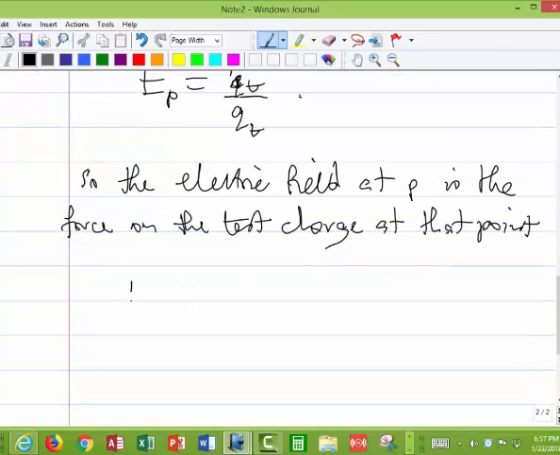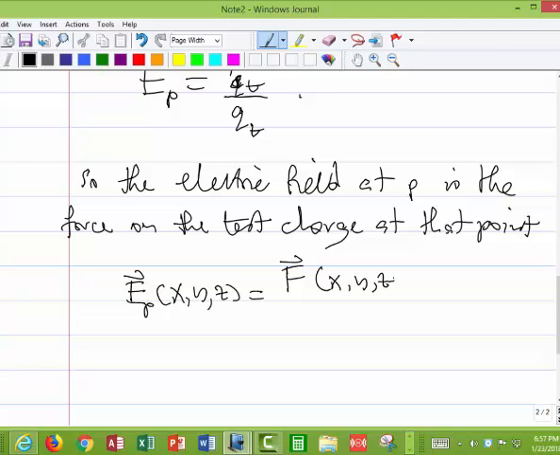So in 3 dimensions, the electric field at P, X, Y, Z is equal to the force on the test charge Q subscript T at that point divided by the test charge.